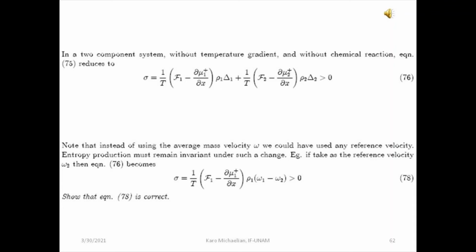And we can show that the entropy production remains invariant with respect to what velocity is chosen to measure the diffusion with respect to. And you can show that equation 78 is the correct equation by using equation 71: the sum over all components gamma of rho gamma times delta gamma has to be equal to 0.